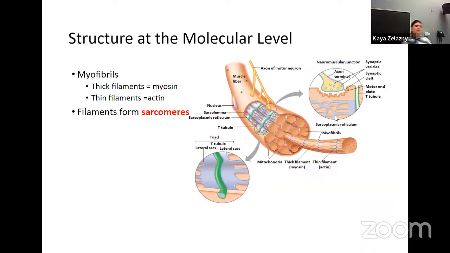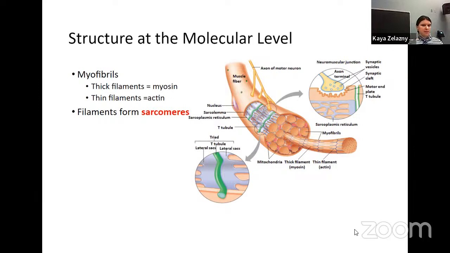Okay. So the myofibrils. This is the actual contractile structure of our muscle fiber. Our myofibrils are going to be made up of 2 different types of proteins stuck together in strands. We're going to have thick filaments, and our thick filaments are something called myosin.